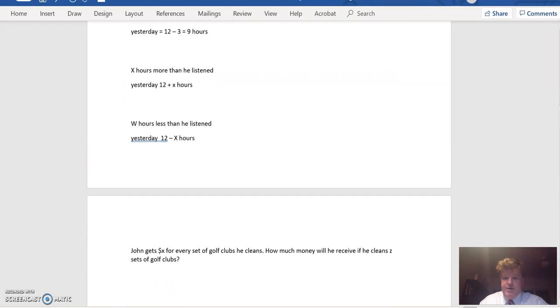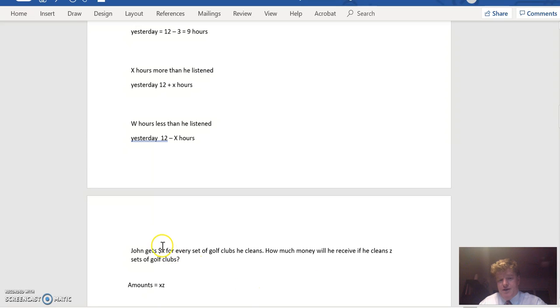Okay. John is cleaning golf clubs. He gets X dollars. How much will he receive if he cleans Z golf clubs? So the amount is going to equal the X he gets for every set multiplied by Z, the number of sets of golf clubs that he cleans.